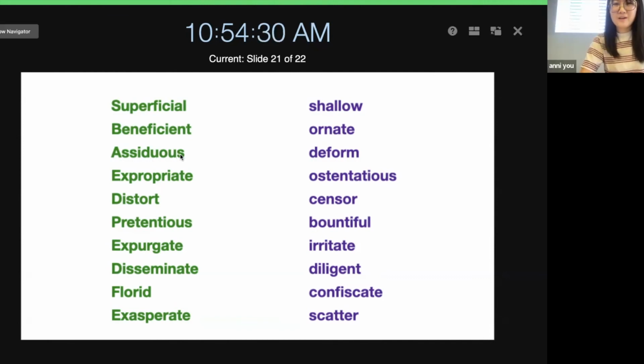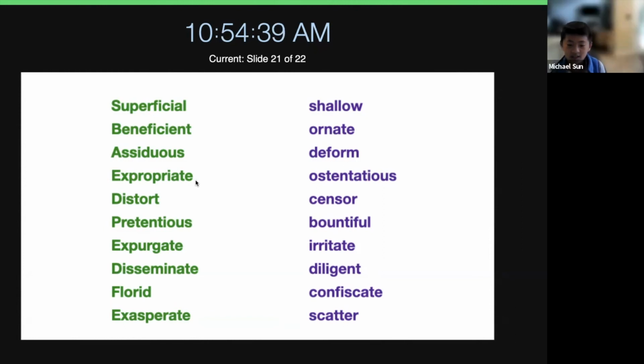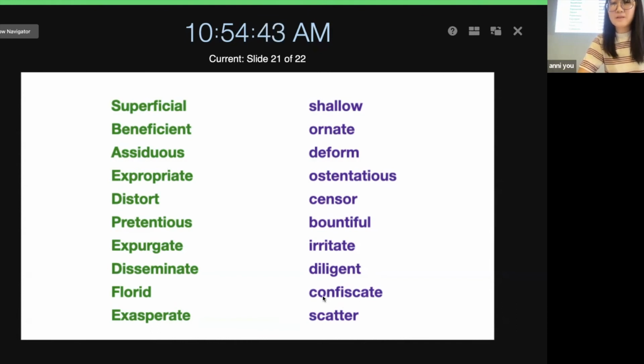Hardworking, right? Okay, so Michael, this one, expropriate means what? Confiscate. Yes, confiscate. It means, and both of the words mean what? Take away. Take away, especially take the property away by the government, right?